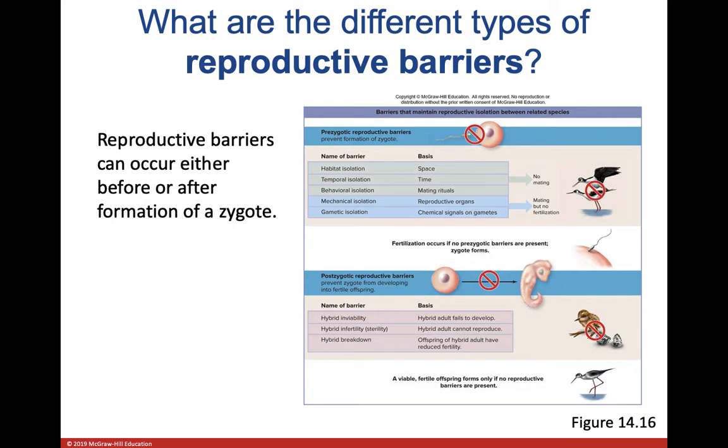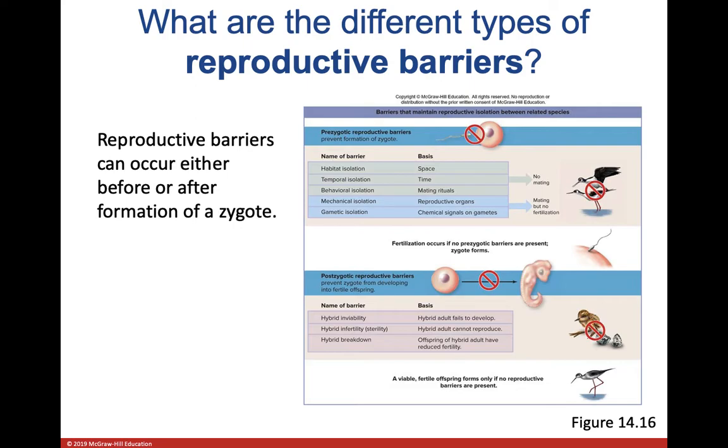Various other changes are going to be pushed upon this animal via evolution. Its genes are going to change so much that it will not be able to interbreed with the original population that it came from. So once that occurs, these organisms are considered separate species.